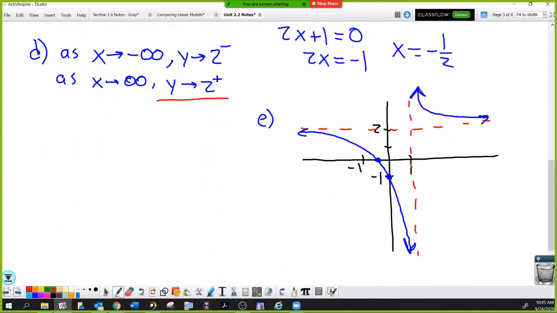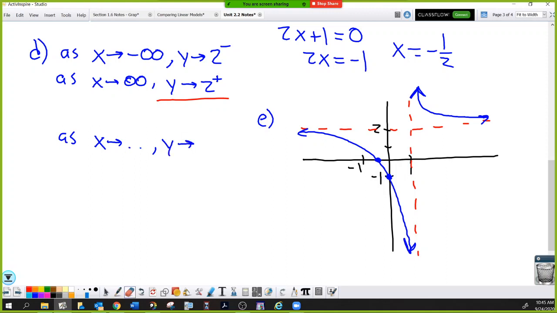But that's not all. Not only can we get close to our horizontal asymptote, we can get close to our vertical asymptote. As x gets close to the number 2, what is y doing? Oh, not 2. I'm sorry.